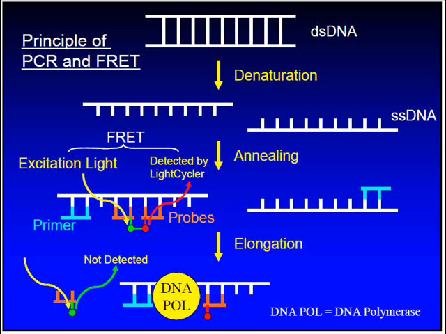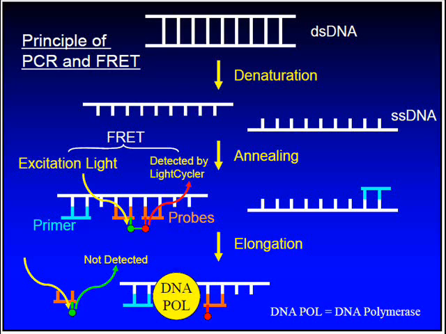Polymerase chain reaction is an approach for amplifying the gene or the nucleic acid sequence of interest. PCR involves a thermocycling process that consists of 3 steps: denaturation of the DNA, annealing of the primers and probes, and elongation of the DNA strand by synthesizing the complementary DNA strands.